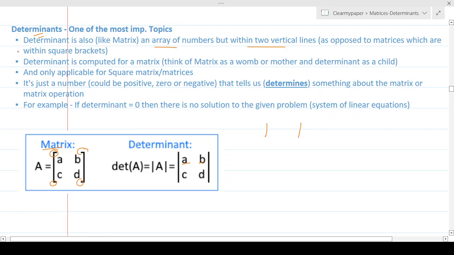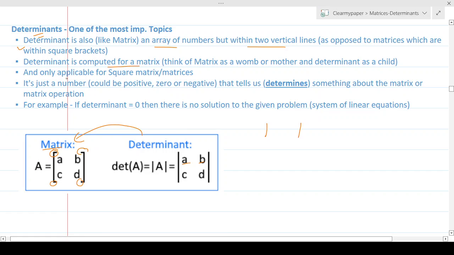That's one. Second thing is determinant is computed for a matrix, meaning for a determinant to exist, a matrix has to exist. So determinant is dependent on a matrix for existence. Think of matrix as a womb or a mother and determinant as the child. Whenever you find a determinant, you're finding a determinant of a matrix.